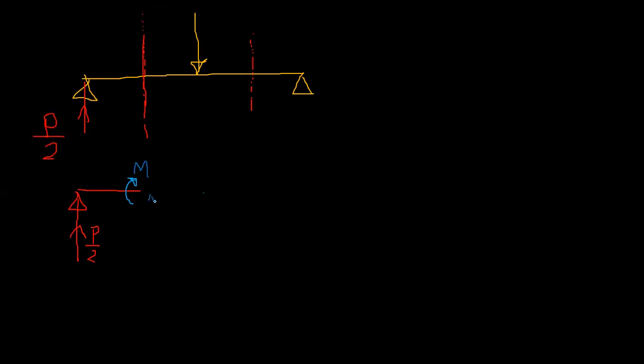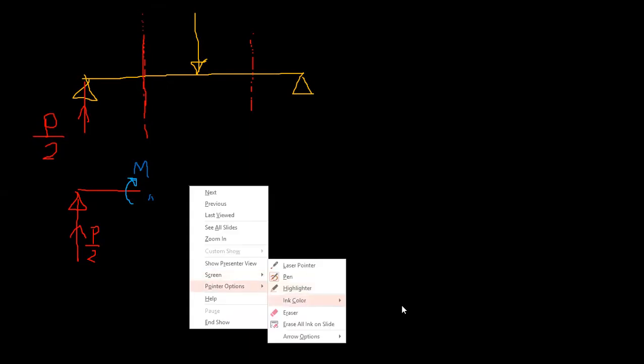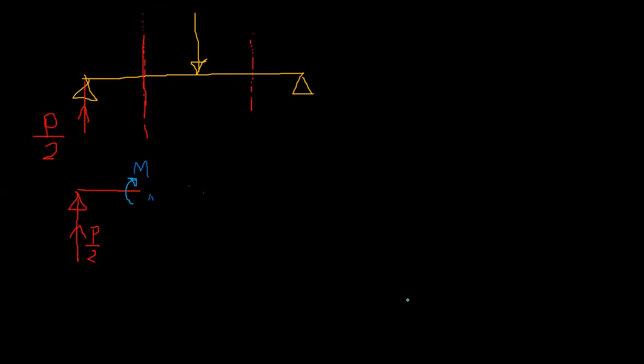And for shear, always remember left up, right down. If it is the left end of the beam, it is up. If it is the right end of the beam, it is down. This is the right end of the beam. This is the left end of the beam.